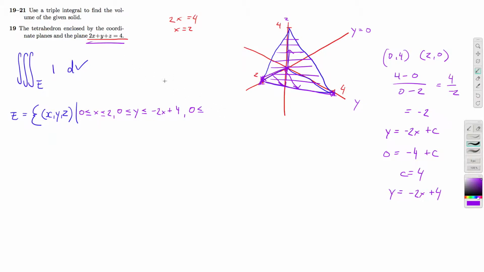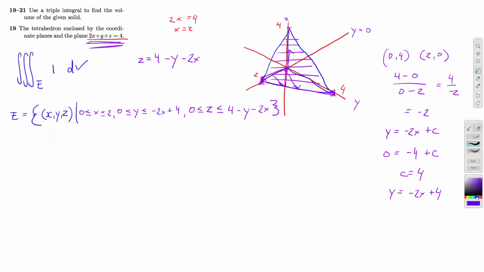We need to rearrange this for z, so z equals 4 minus y minus 2x. So z is less than or equal to 4 minus y minus 2x.